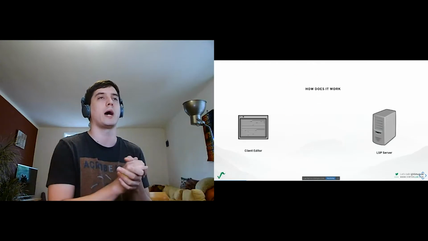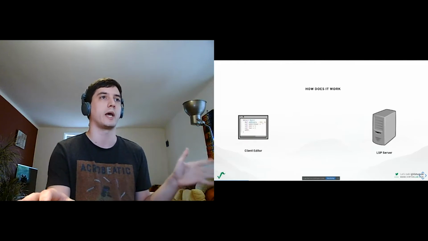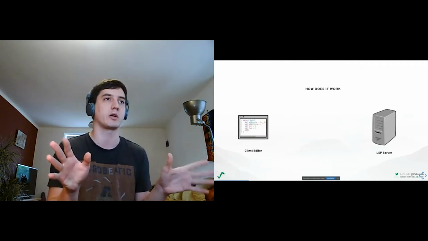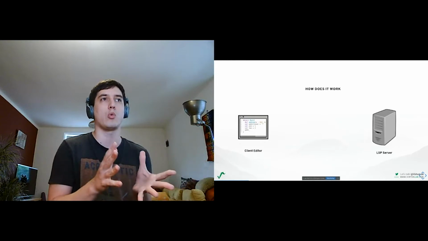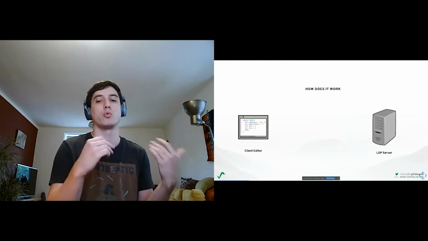Just quickly on how it works. Let's say we have some code and we've typed some characters, and we'd like to know what completions we can get, so what can start with those characters.